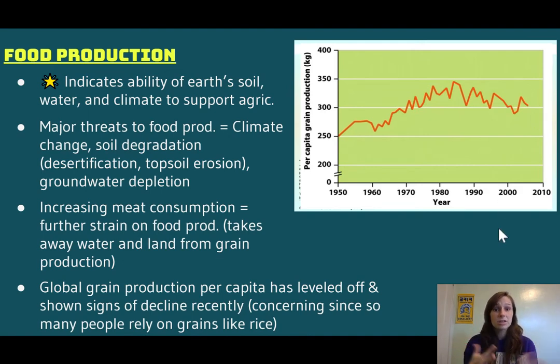This is very concerning because there's a large number of people on this globe who rely on grains like rice for most of the food that sustains them. And so the fact that we're starting to potentially see some decrease in production per capita is an indicator that might have us a bit concerned about our sustainable use of the lands for agriculture.